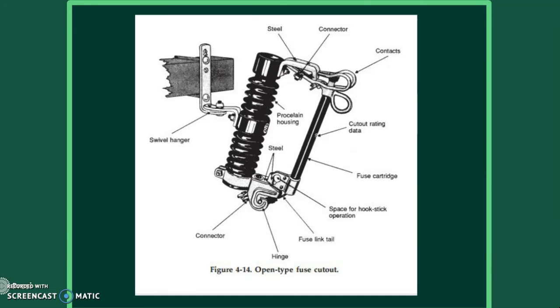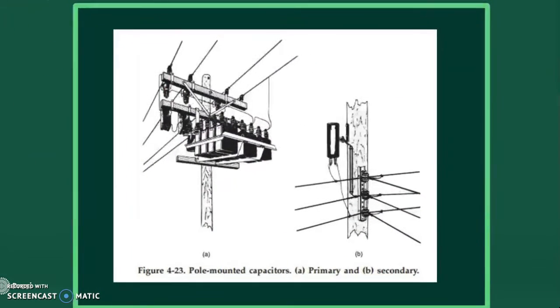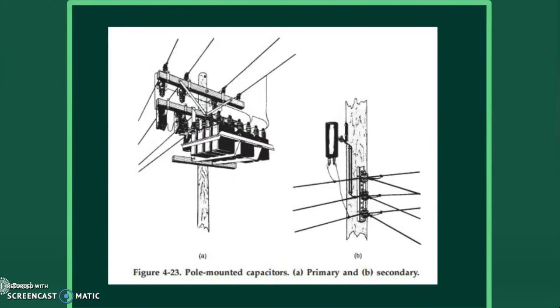The tube drops when the fuse blows, indicating that the fuse has blown. This type of cutout is used on distribution circuits operating at voltages over 5,000 volts, although it can be used on lower voltage circuits. Pole-mounted capacitors.